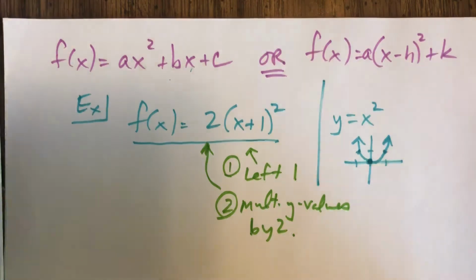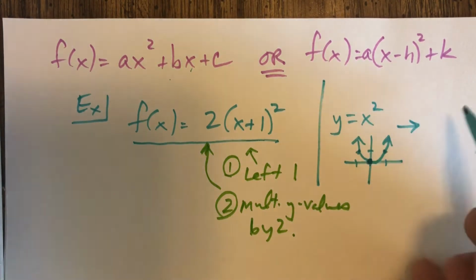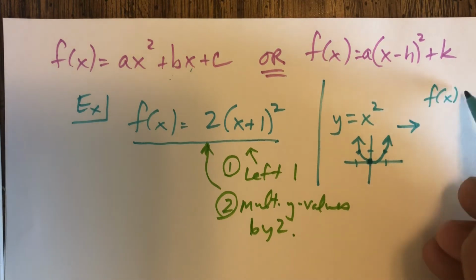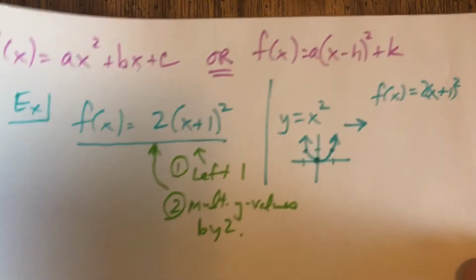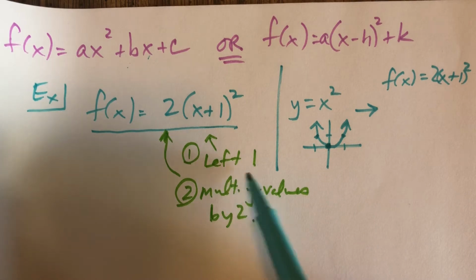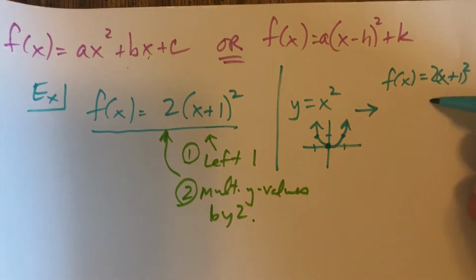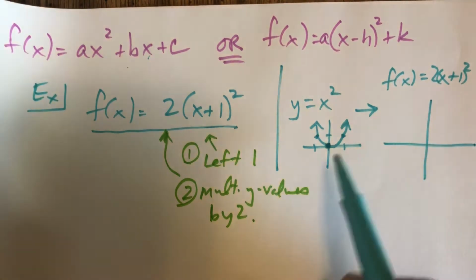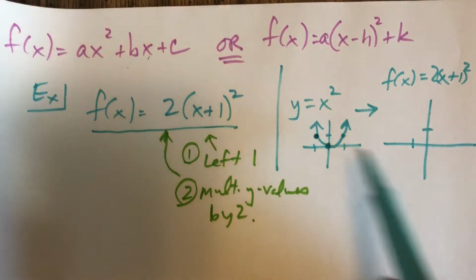So if we take all of these points that are here and we want to draw this function, we can just take all of these points and move them left 1 and multiply all the y values by 2. So if I want to draw my picture, I can start with this point right here, at negative 1, 1.